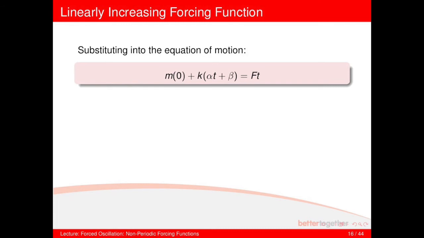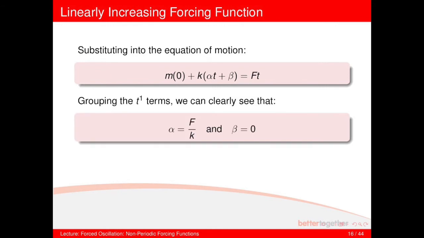To find alpha and beta you can group the terms together. Anything that's got a t in, you set equal to F t, and anything that's got t to the 0 in, you set equal in this case to 0. So it's quite clear to see that alpha is F upon k and beta is 0.